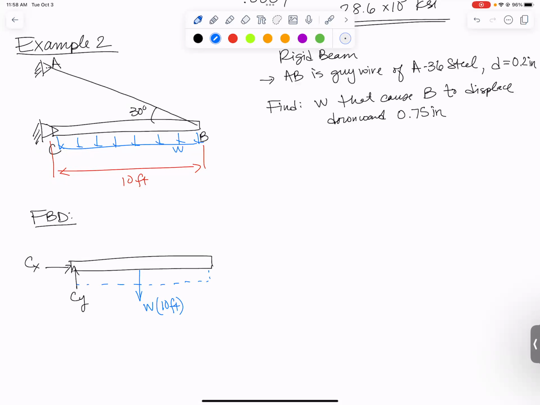And then finally, my other unknown will be the force in member AB, the tension in the guy wire. I think that's everything on my free body diagram. I wasn't given the weight of the beam to include, so we'll have to leave that off.